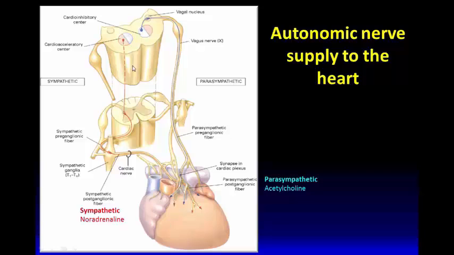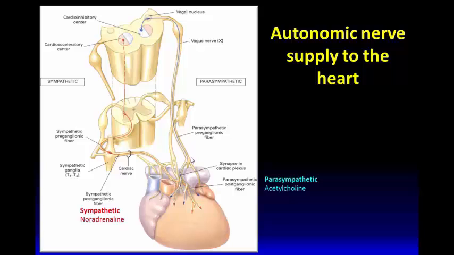We have another center which is also bilaterally located. This center is termed the cardioinhibitory center, which is parasympathetic in nature, and parasympathetic innervation reaches the heart via the left and the right vagi, the left vagus nerve and the right vagus nerve.